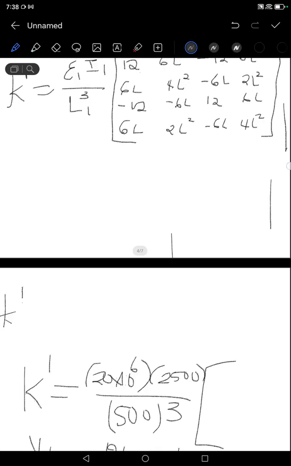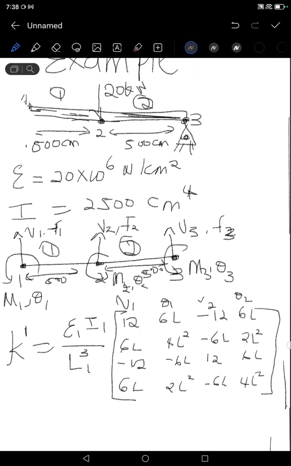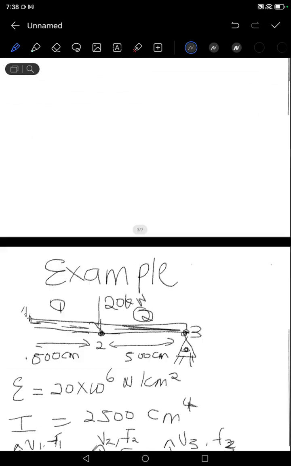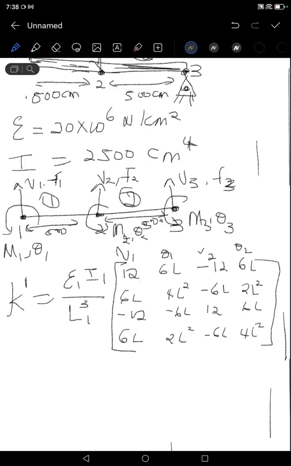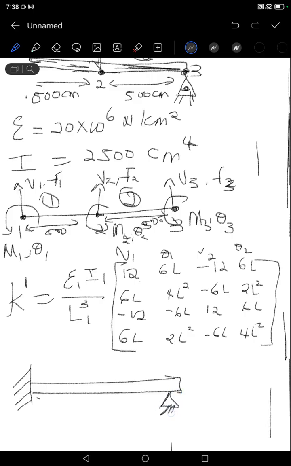So from our example here, we were given a fixed point like this, a beam like this, where we have the roller and we have the force here, and then we have node 1, node 2, and node 3. Okay, node 1, node 2, and node 3.